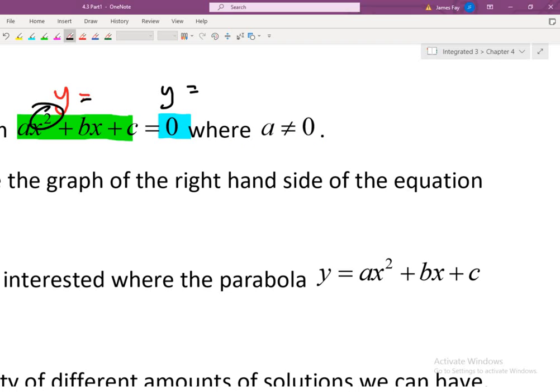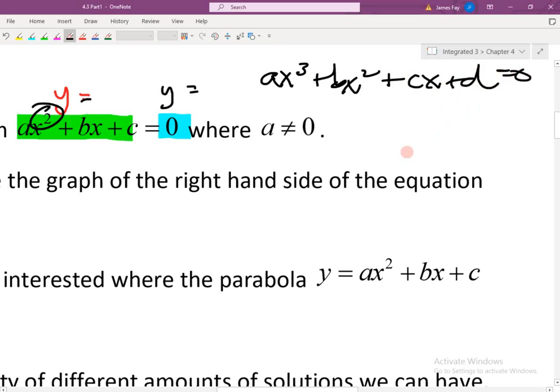What if that was a 3? We're not going to talk about these very much, but let's say I had something like ax to the third plus bx squared plus cx plus d equals 0. How many solutions do you think I could have there? If that's a 3, going off the pattern that we've seen previously, I could have 3 or less: 2, 1, or 0.